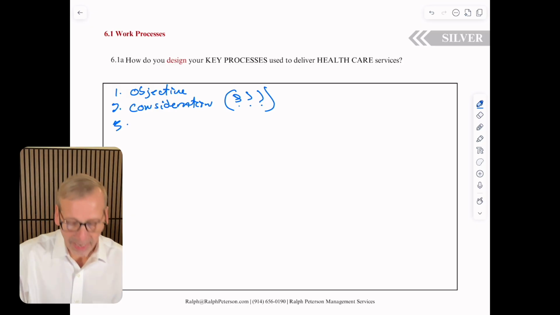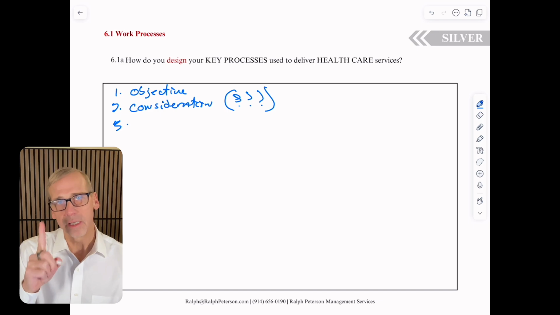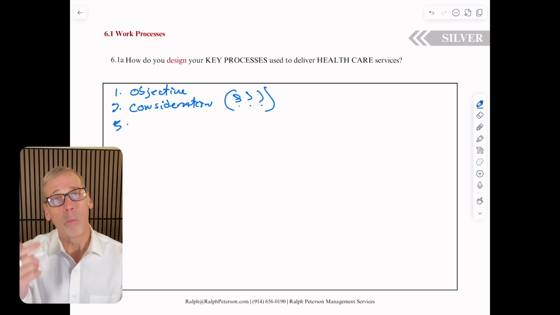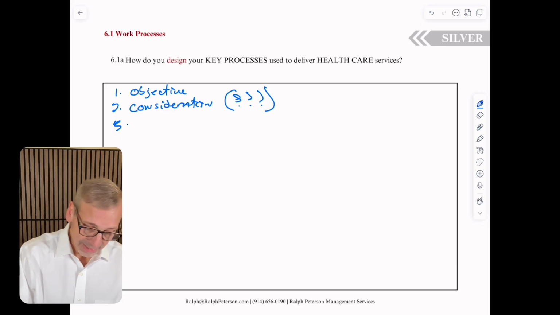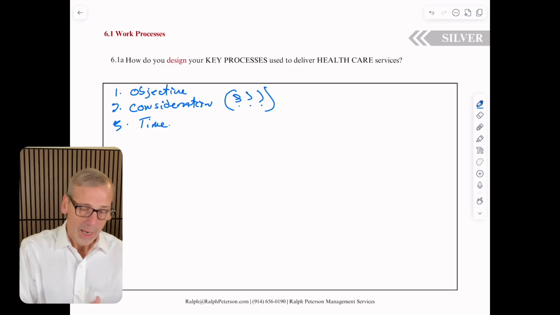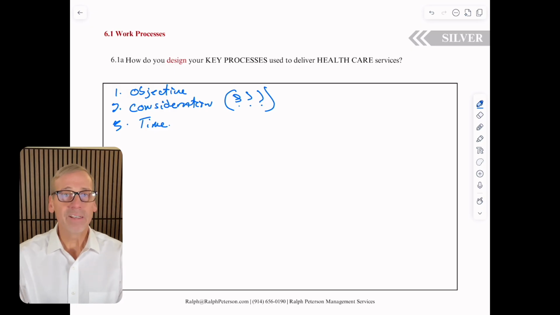Step number three, I'm going to take one of the considerations and extrapolate it. I want to talk to you a little bit about one of the considerations, and that consideration is the time element. When it needs to get done and how long it's going to take is a very important step in designing a key work process.